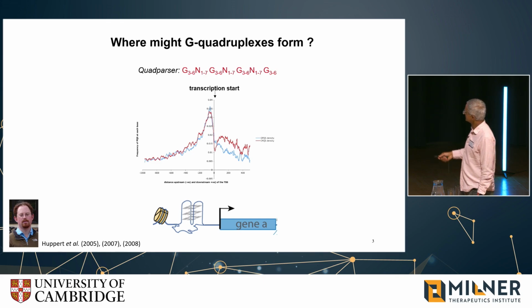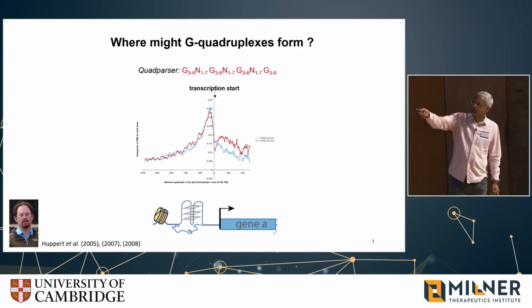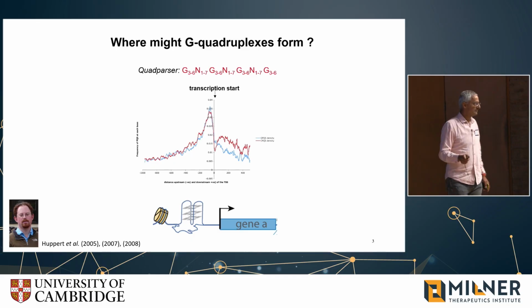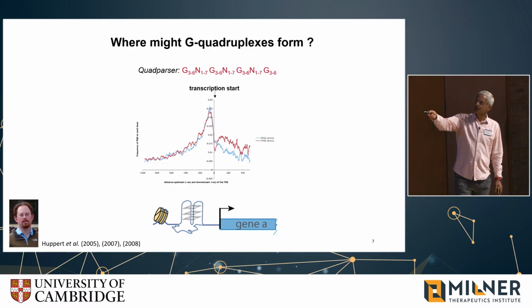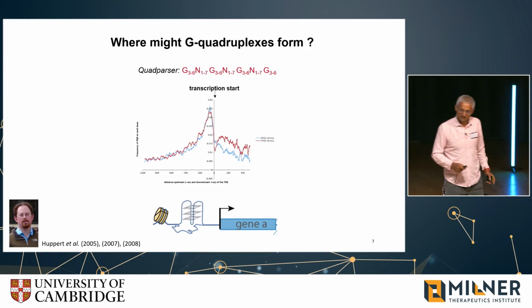So shown here is a probability density map. This is position with respect to gene structure, transcription start site. This is into the gene. This is in front of the gene. And you'll see here in both strands, blue and red, there's a hot spot about 60 nucleotides in front of the transcription start site.